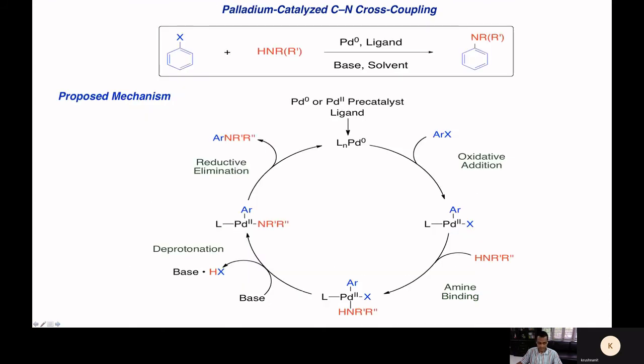In a lot of cases the X group, as you know, will dictate the rate of the reaction, whether the reaction is fast or slow, this X group, right? Traditionally it is found that chloride is the slower one, then bromide, and then iodide is faster. Now with this ligand which we have discussed a moment ago, this oxidative addition is relatively faster.